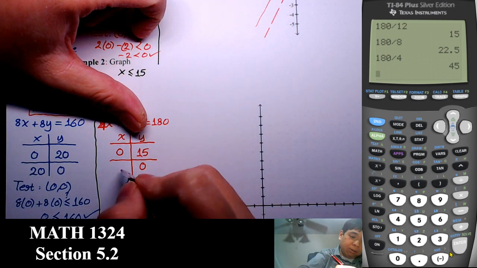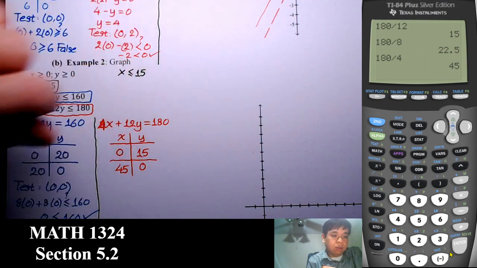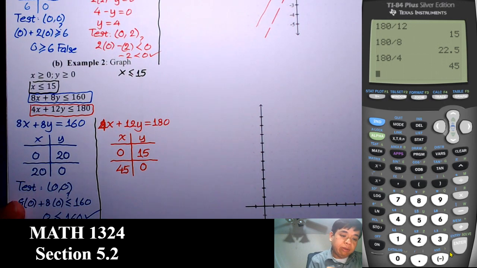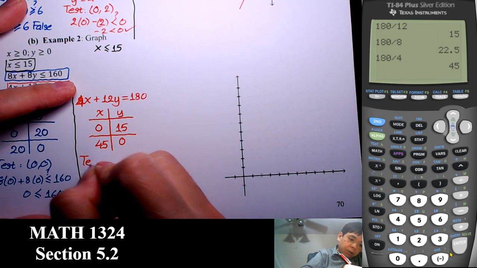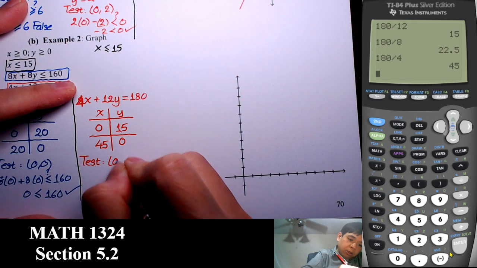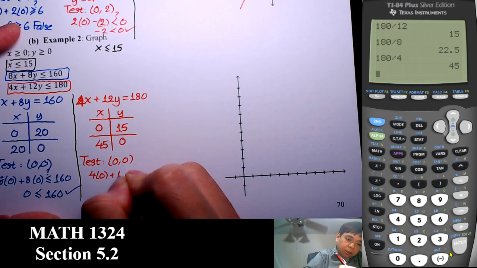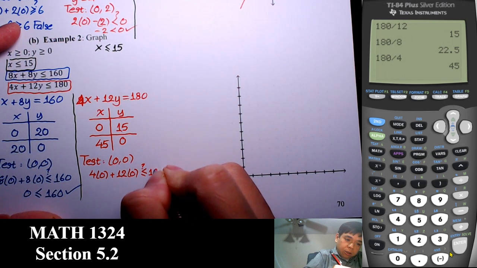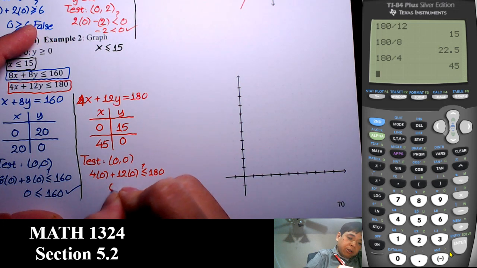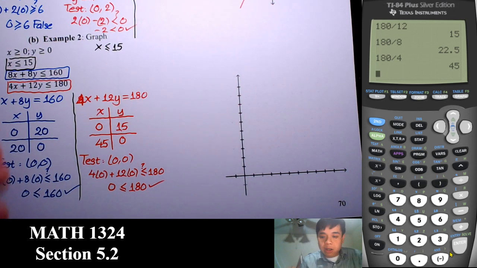That's 45. So we have that. And then we do the test point. We put 0 and 0 here. So that is 0 less than or equal to 180. So that is true. Right.